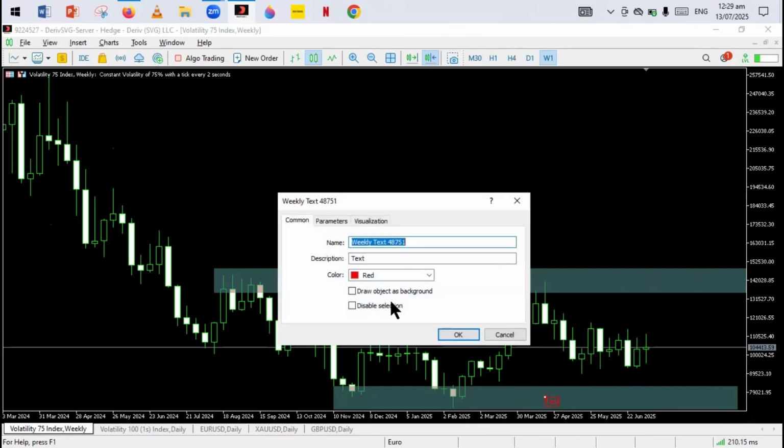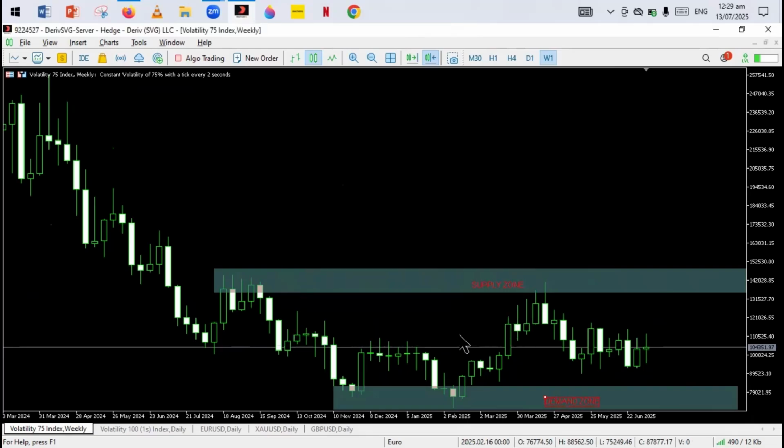And then down there we have our demand zone. So currently price is moving from the supply zone to the demand zone from the weekly time frame.